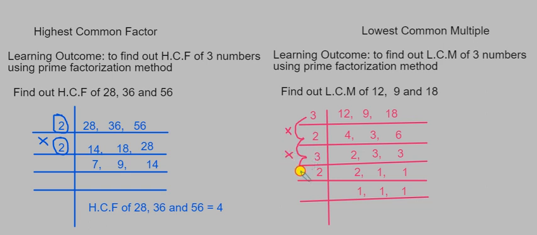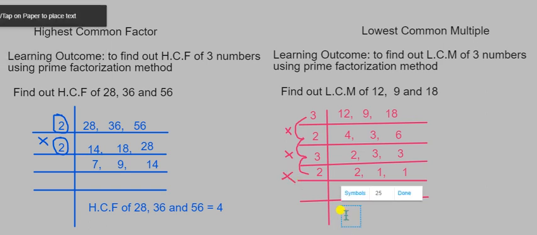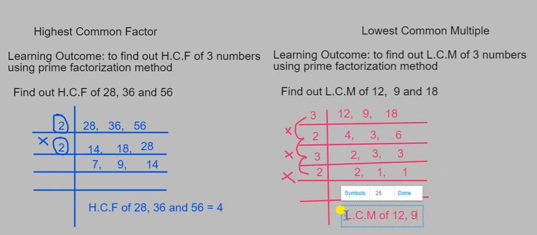And 18 into 2 is 36. So our lowest common multiple of 12, 9 and 18 is equal to 36.